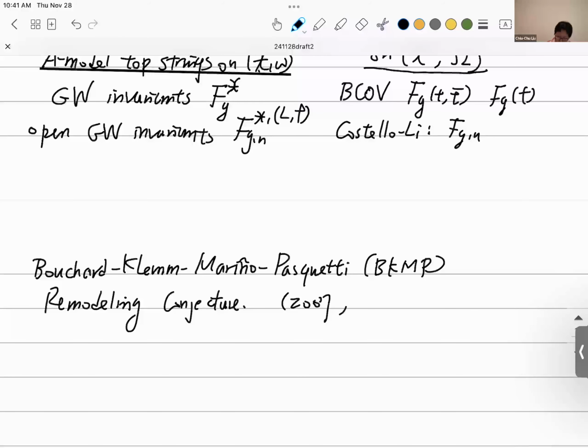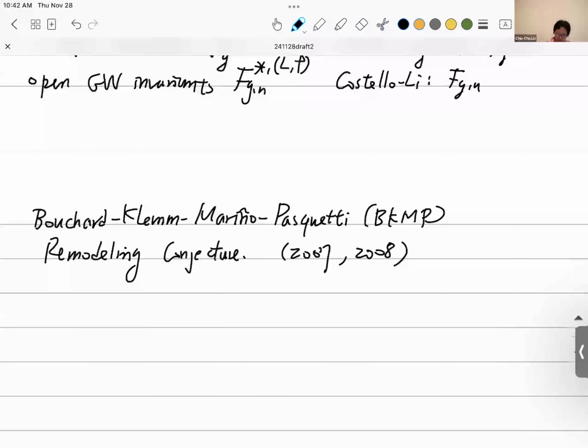They had it in 2007 for smooth, and 2008 for orbifolds. First they conjectured it for smooth toric Calabi-Yau 3-folds and generalized to smooth toric Calabi-Yau 3-orbifolds. It's now called the remodeling conjecture, because the title of their first paper is "Remodeling the B-model."